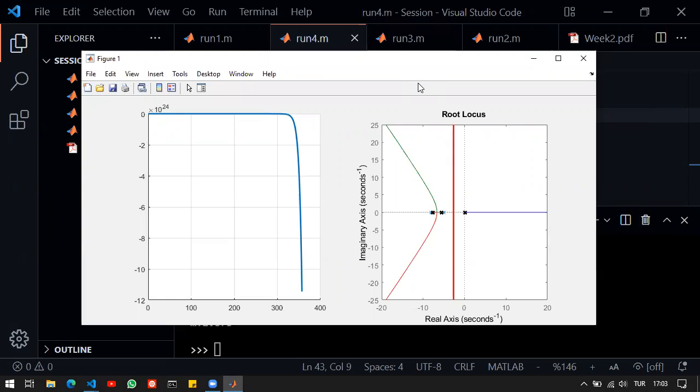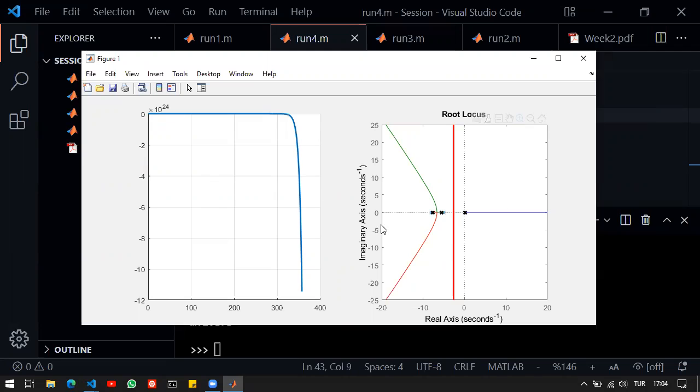So the root locus plot is basically the limitation on the choice of poles. If there's a root locus plot, that means that only the path of the root locus is your candidate pole family. So in other words, you can only choose the points drawn by the root locus plot and nothing else.